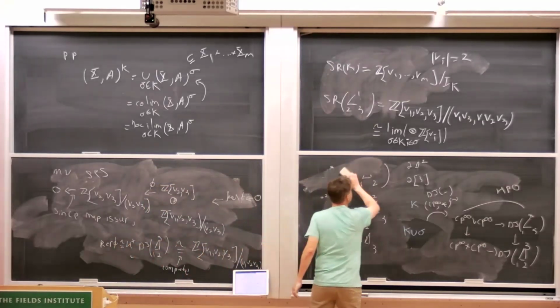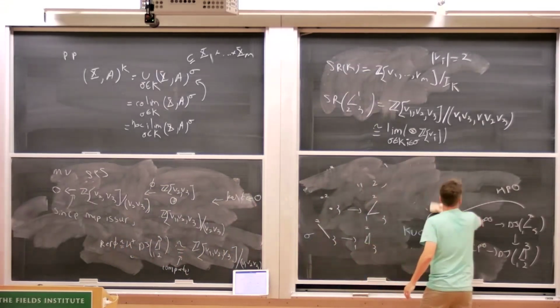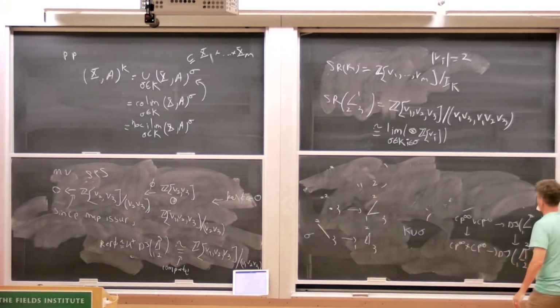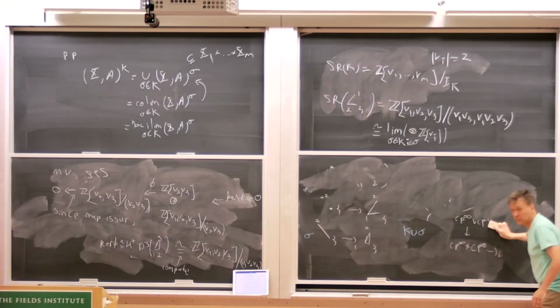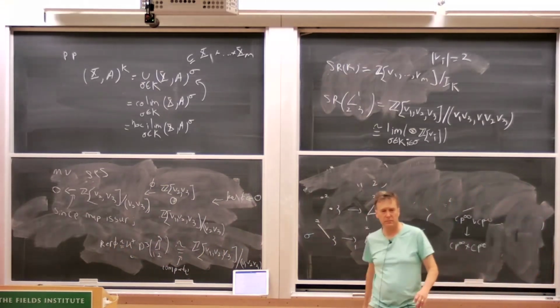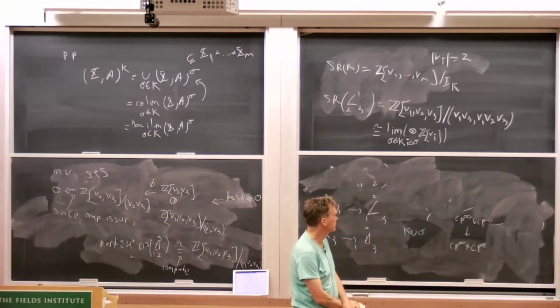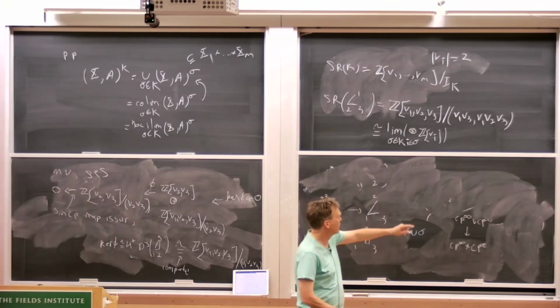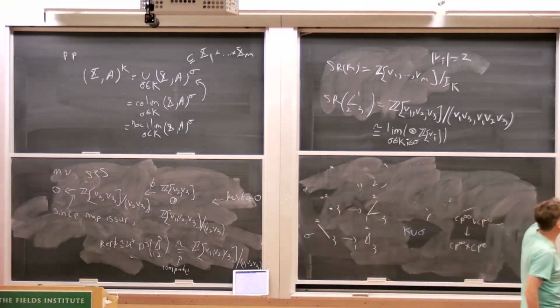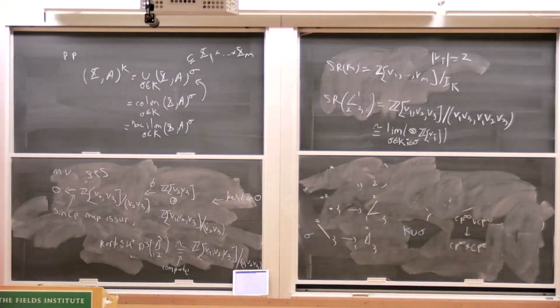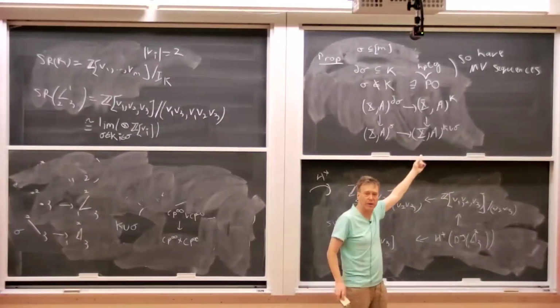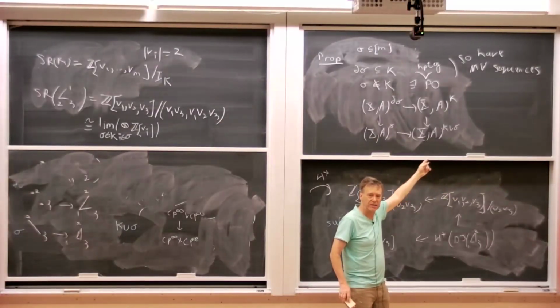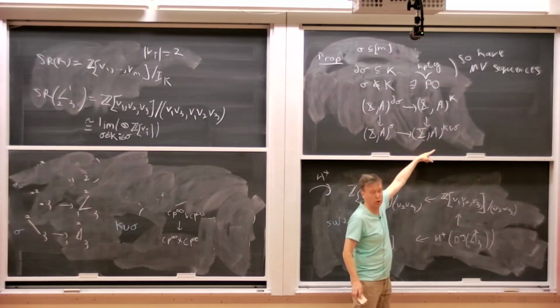So this technique, I'll erase this. We're still going to be using that pushout. Yes, please. Well, sigma is not an element of K. I should have called it maybe K prime instead of K. It's like you start with K and you add one more simplex.